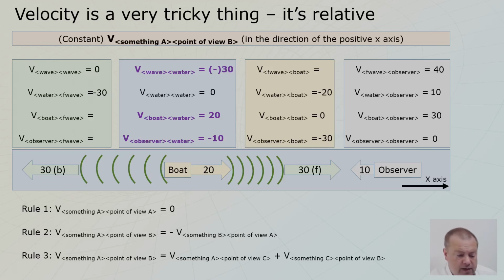And if I switch it around, the wave will say, no, you are coming at me at 40 meters per second, and because that's in the negative axis, you put a minus sign there. Last, the wave moves 10 meters per second relative to the boat, because the boat is at 20, so that's 10 and it's minus 10. So this is it.